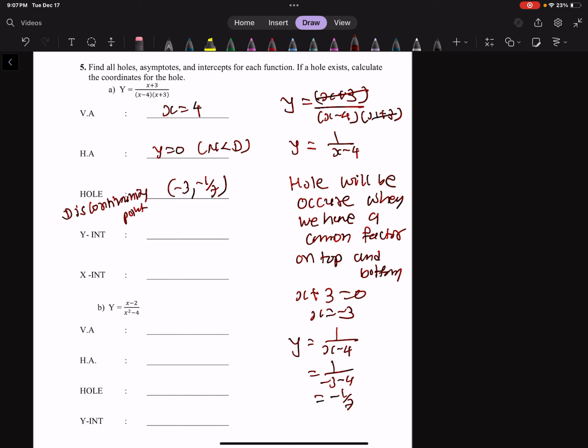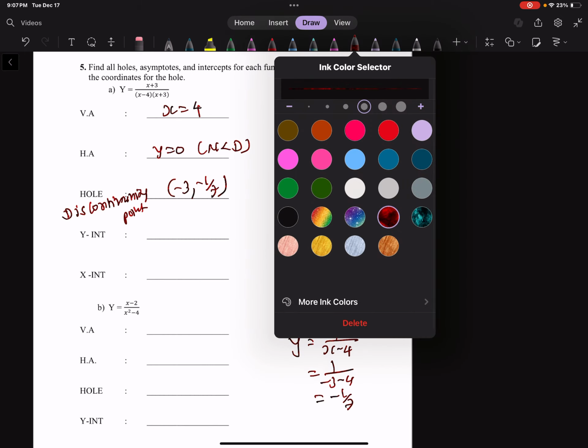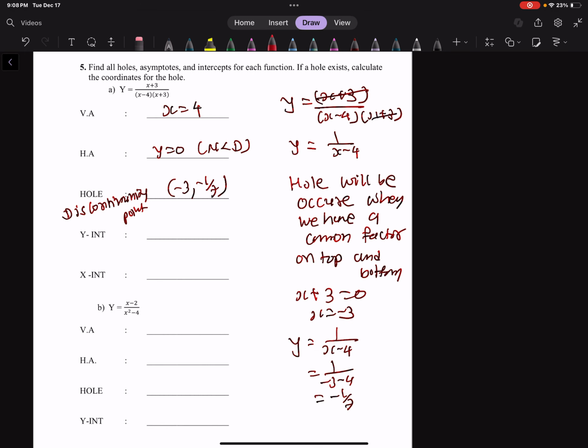To find the y-intercept, set x equal to 0. So y equals 1 over 0 minus 4, which is -1/4. So your y-intercept is (0, -1/4).